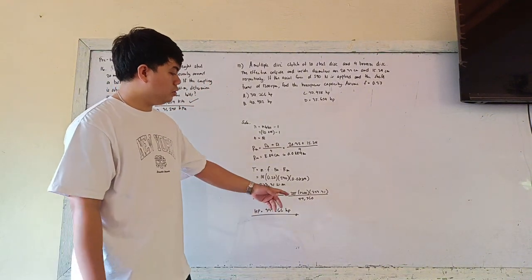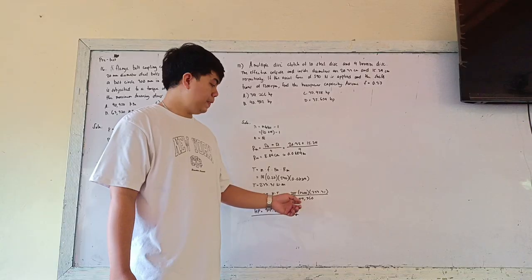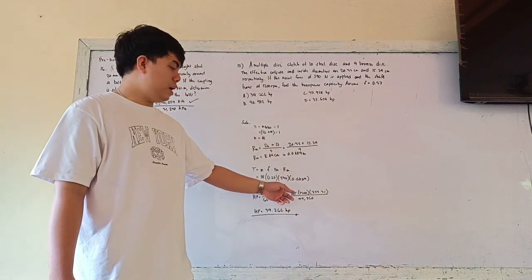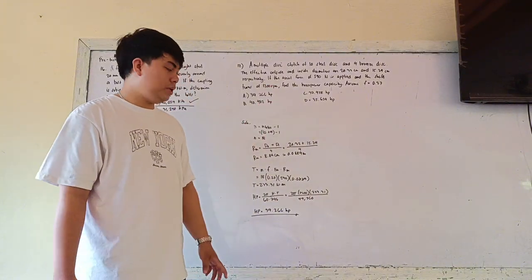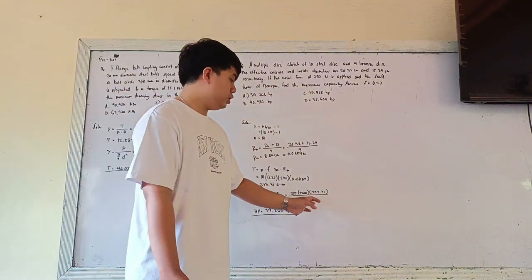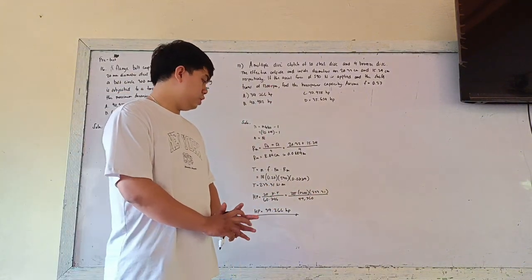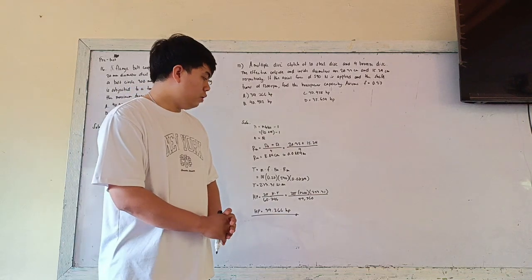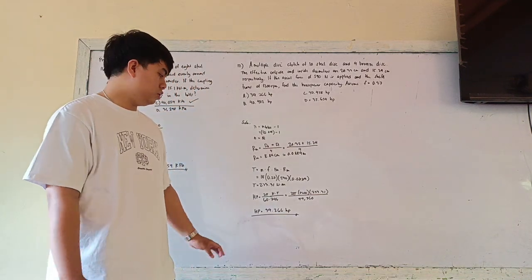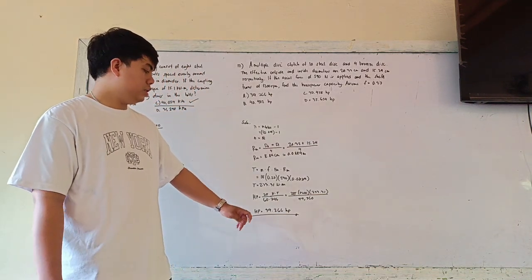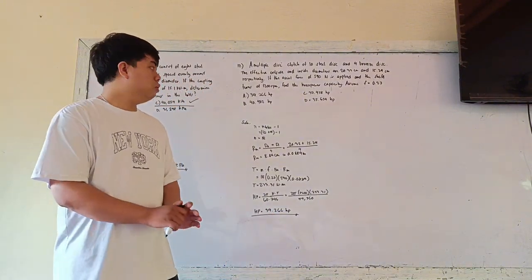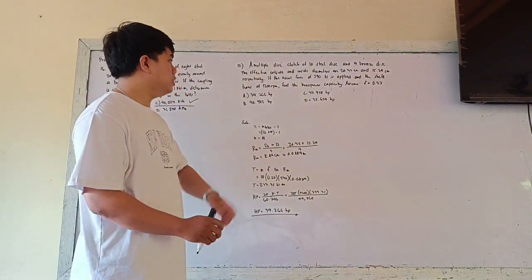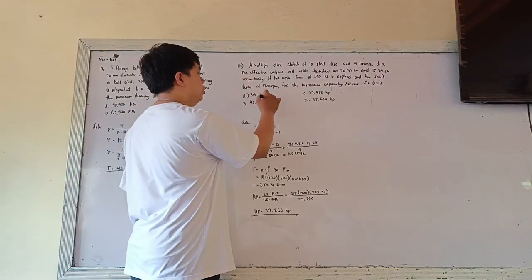So plug in the values: 2 pi, 1200 is the RPM or the N, and our T is 233.31, divided by 44,760. So our HP now is 39.266 horsepower. So our correct answer is the letter A, 39.266 horsepower.